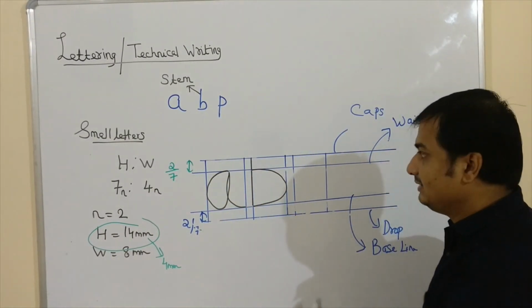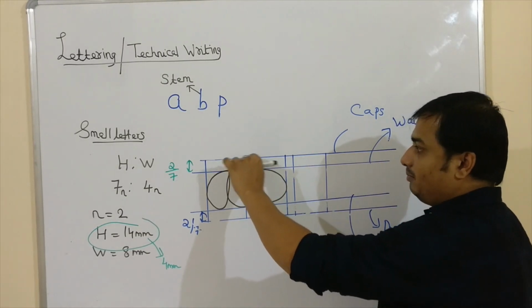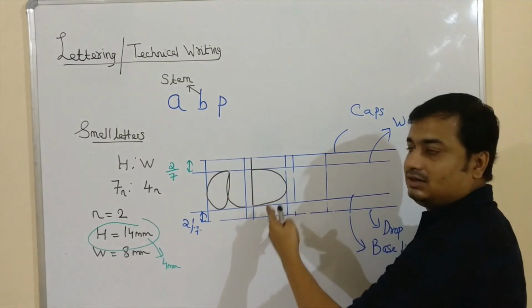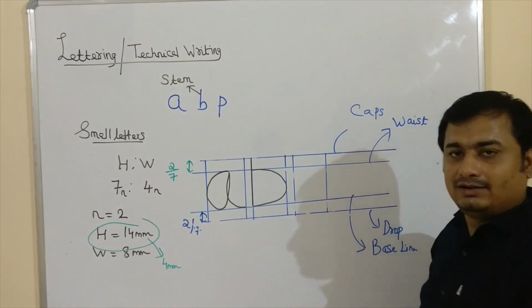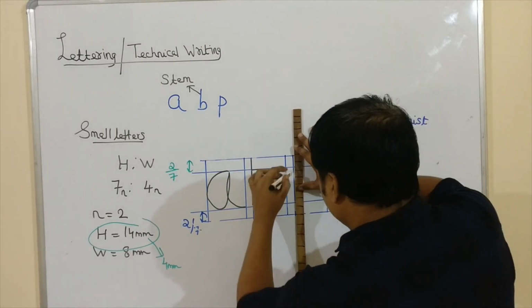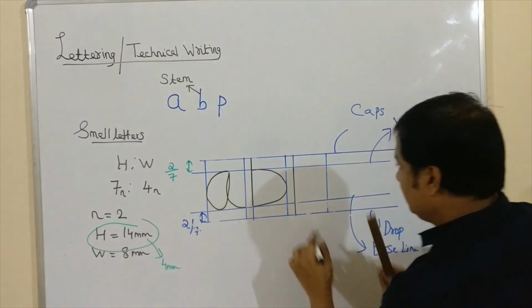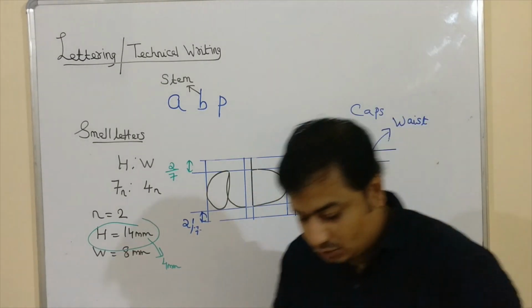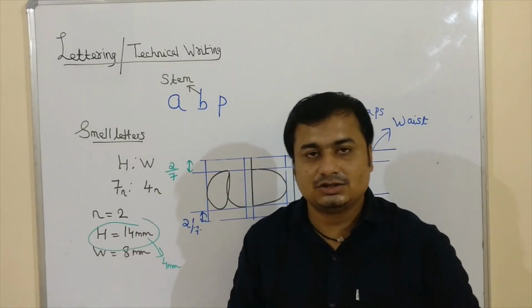The stem is touching the top line, which is the caps line. So B-type alphabet should be written like this. And the P-type alphabet should be written like this.